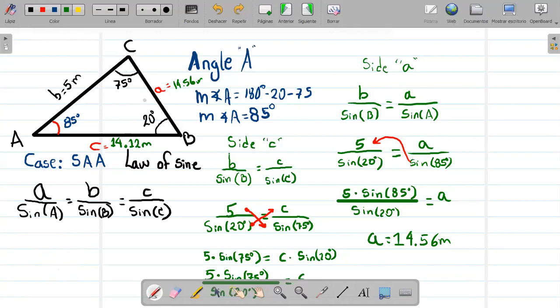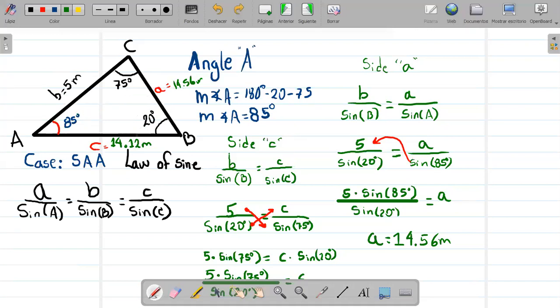And my observation, the thing that I wanted you to analyze, because of the time I'm going quickly, is that this 20, which corresponds to that 5, has the lowest measurement in the whole triangle. If you see, it is the lowest angle and the smallest side. Same happening here. Who's the greatest? That one. And it has the greatest measurement, 14.56.